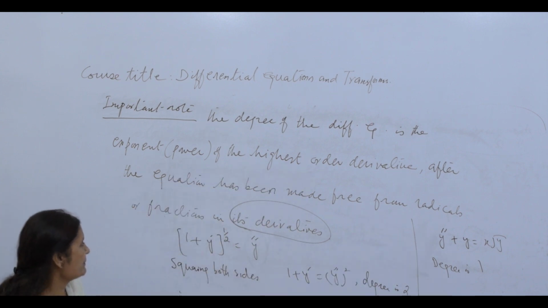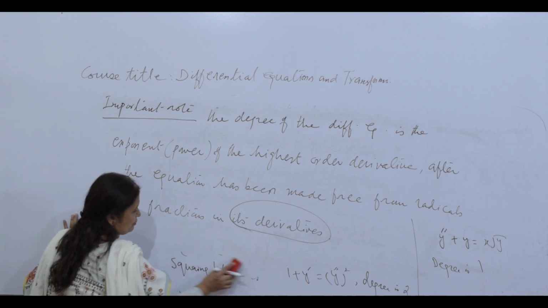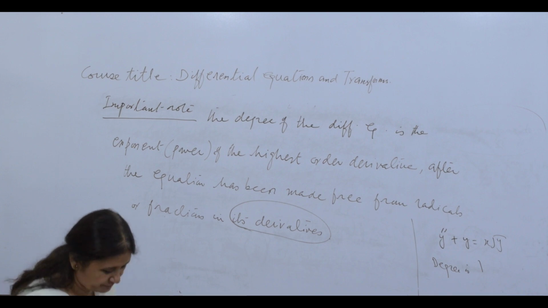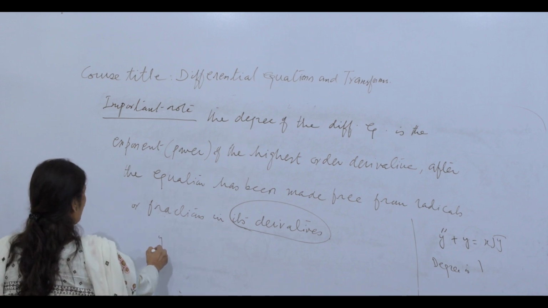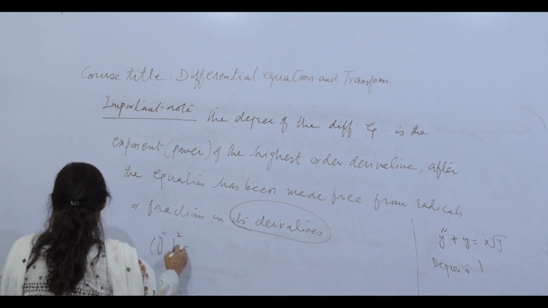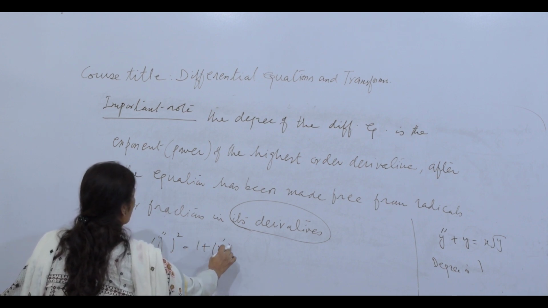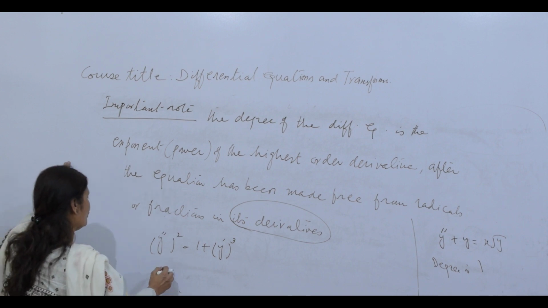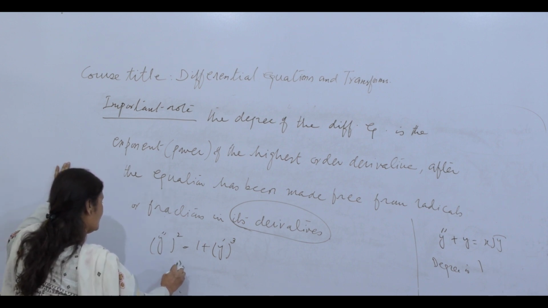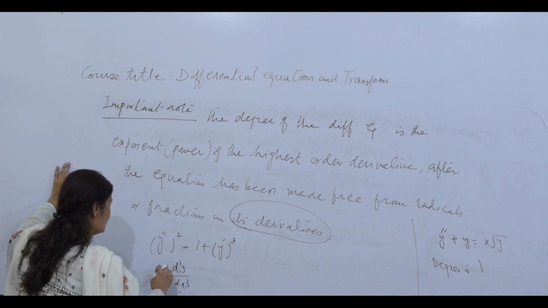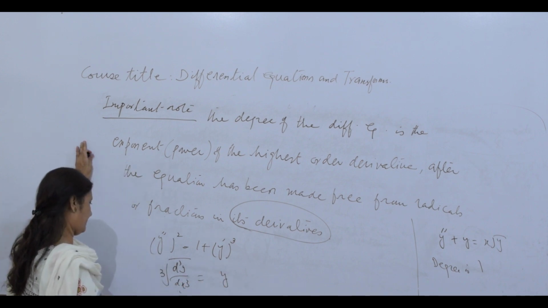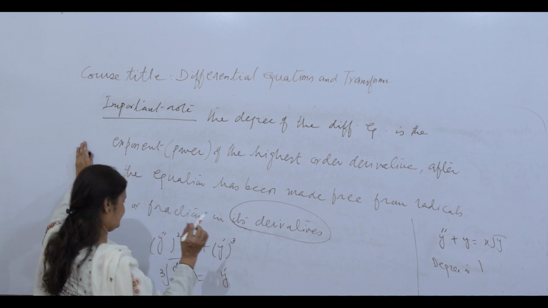Let me have one or two more examples related to this so that you can find the degree. y double dash whole square is 1 plus y dash cube. One more: d cube y by dx cube under root, raised to cube root of the third derivative, is y dash.